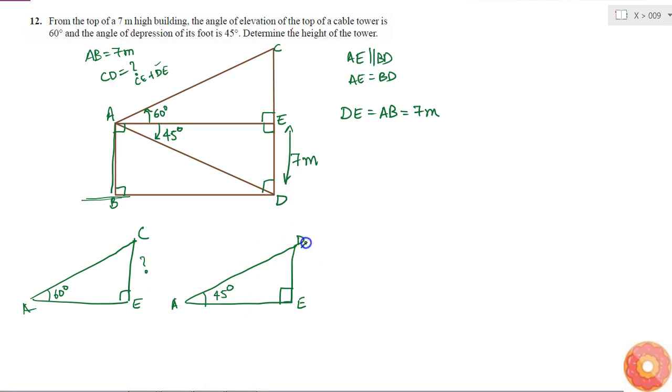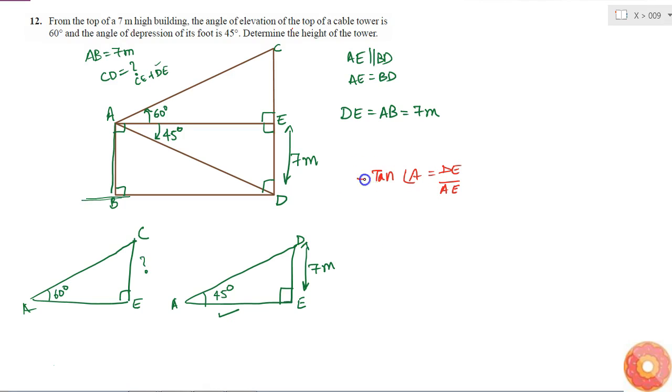And what do I know? I know this length is 7 meters. So if this is 7 meters, then I can find AE, correct? And if I can get AE, I'll put it here, and I can get CE, correct? So in this triangle, tan of angle A is equal to DE by AE, correct?